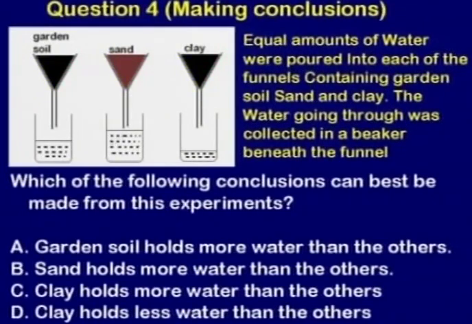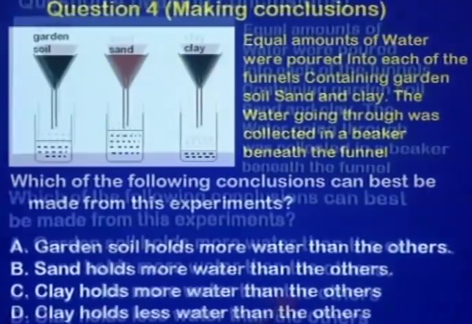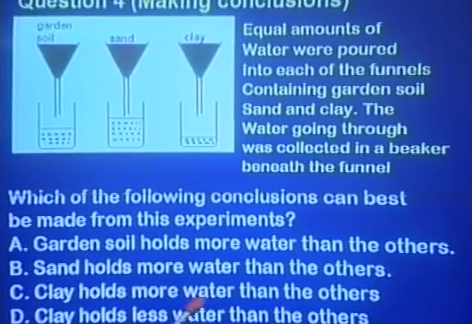Conclusions are given here, so first of all, you will have to read through and understand these answers. Garden soil holds more water than the others. Sand holds more water than the others. Clay holds more water than the others. Clay holds less water than the others. Let's look at the garden soil.